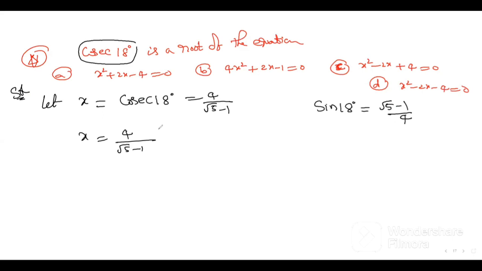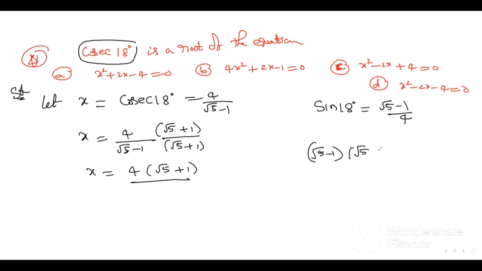Okay, now let us do rationalization. Root 5 plus 1, multiply and divide. What we get here? 4 times root 5 plus 1. In the denominator we should write the a minus b into a plus b formula. A square minus b square, it will become root 5 whole square minus 1 square, which becomes 4.